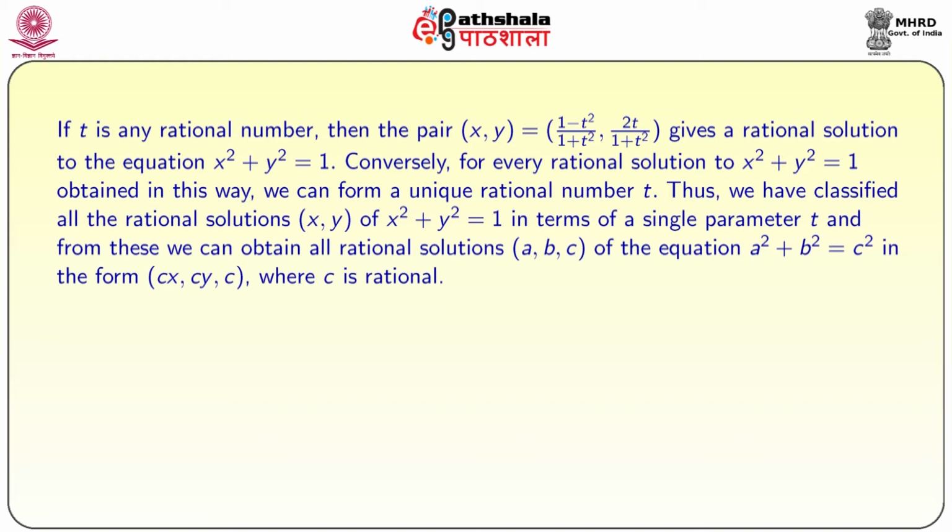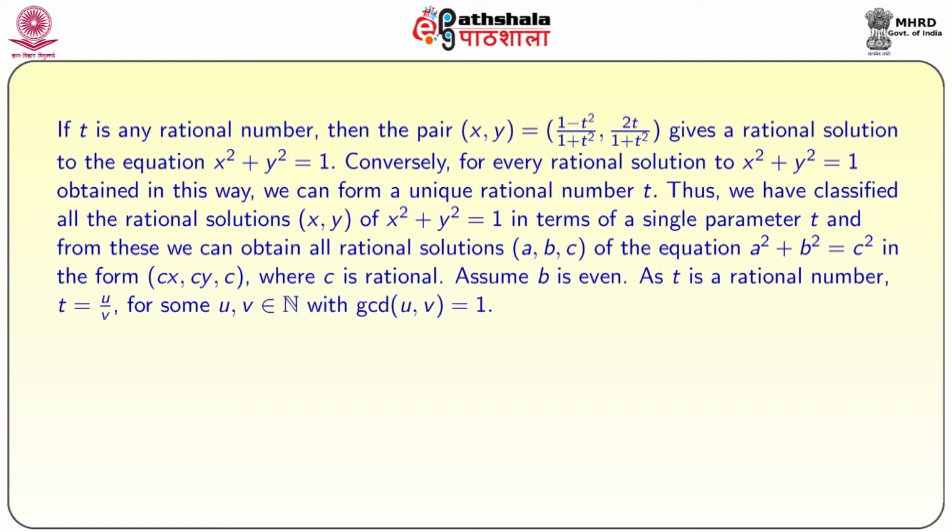Thus, we classified all rational solutions (x, y) of x square plus y square equal to 1 in terms of a single parameter t, and from these we can obtain all rational solutions (a, b, c) of the equation a square plus b square equal to c square in the form of (cx, cy, c), where c is rational. Assume b is even.